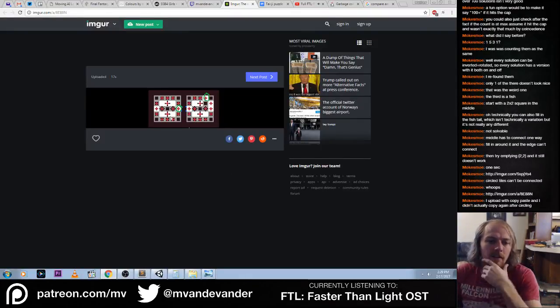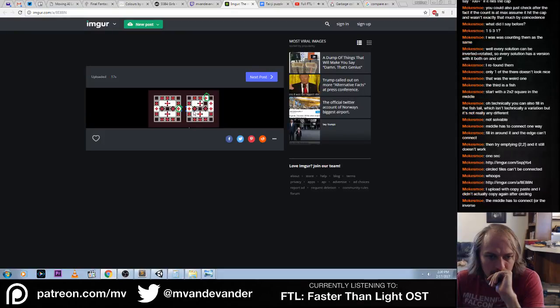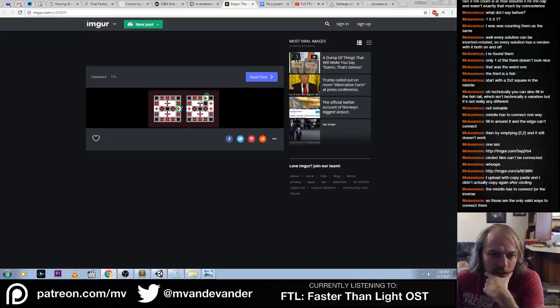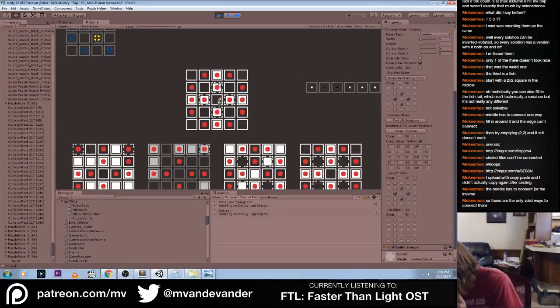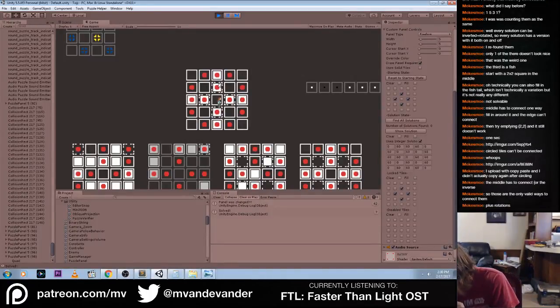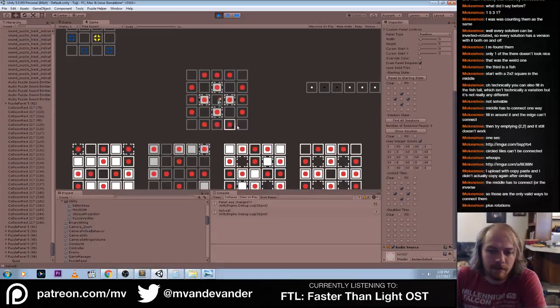Well, the left one's pretty obvious, the right one's less obvious to me. I guess you're saying if I took this one and connected it with that one, it can't be connected to this one. So I can't do that because then I can't put it up here, and then that can't be connected because there's that there as well. So, yeah. Oh, okay. Yeah, it's not solvable.